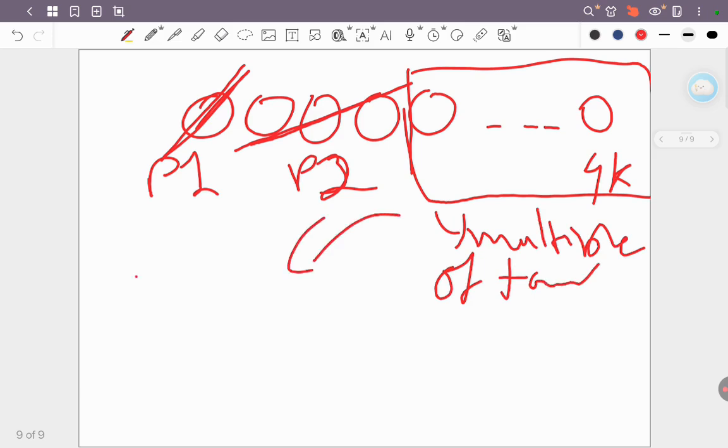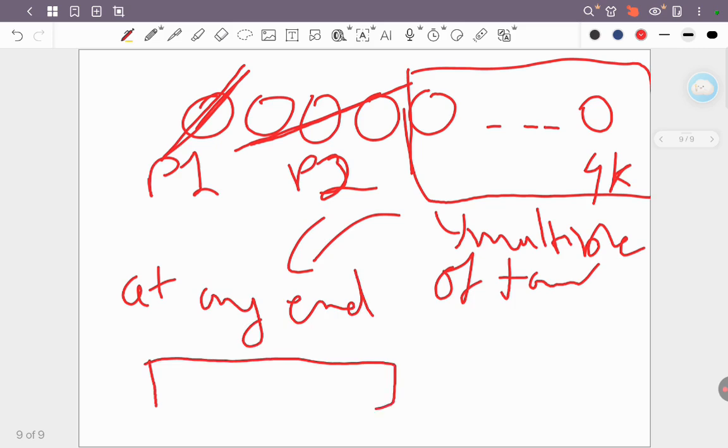So at any end, this configuration will come. All the multiples of 4 less than and equal to 4k are coming.